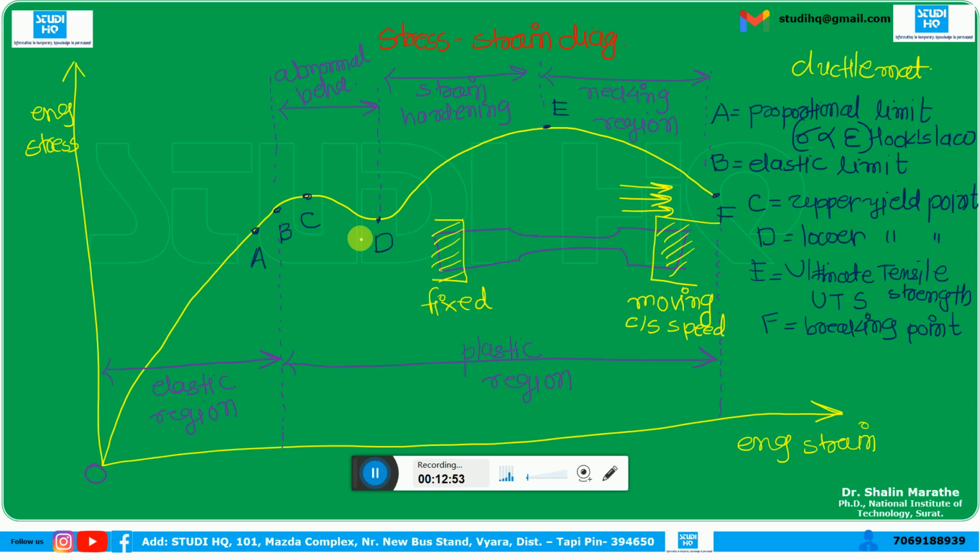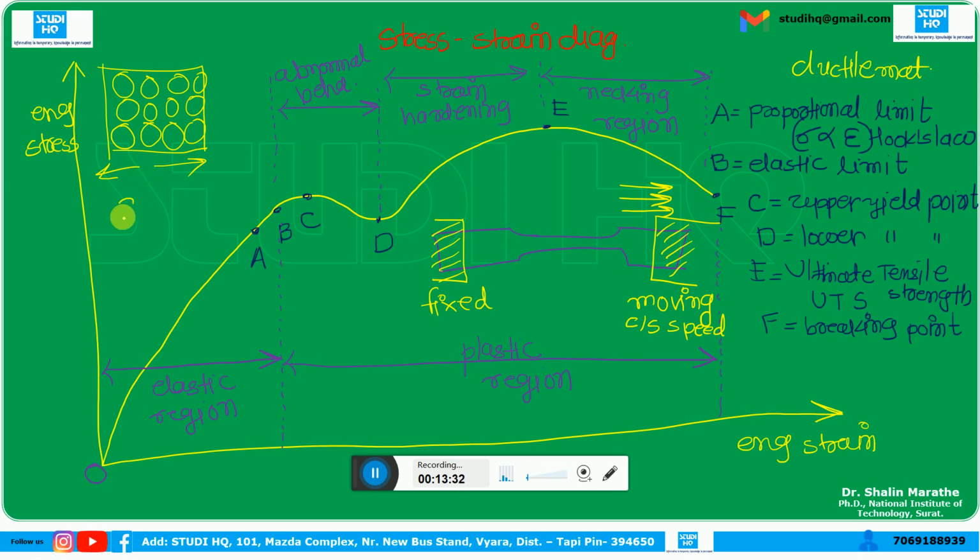When we initially deform the material, dislocation of atoms happens inside the material, but this is up to a certain limit. After a certain deformation, the dislocations resist each other.